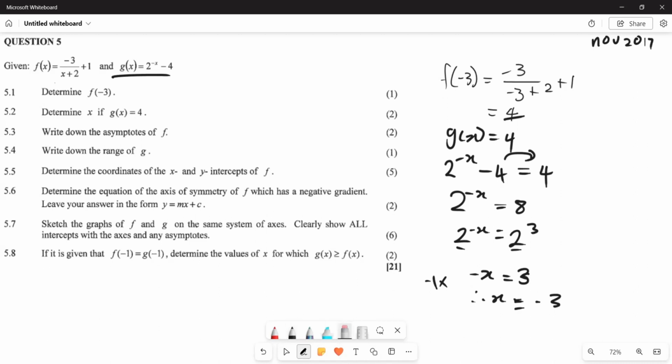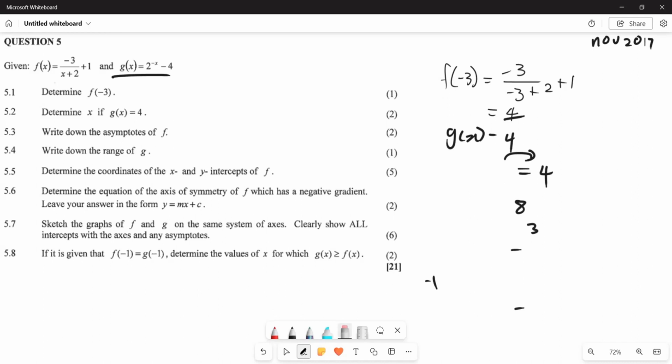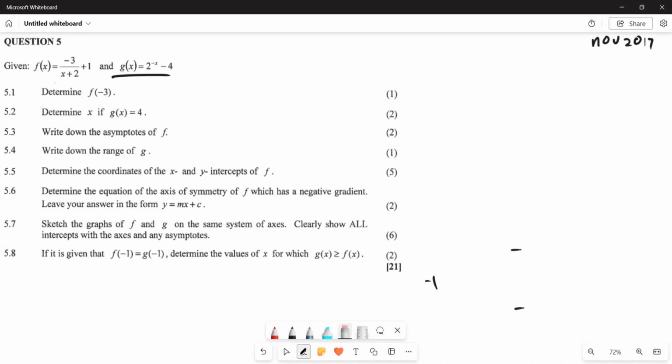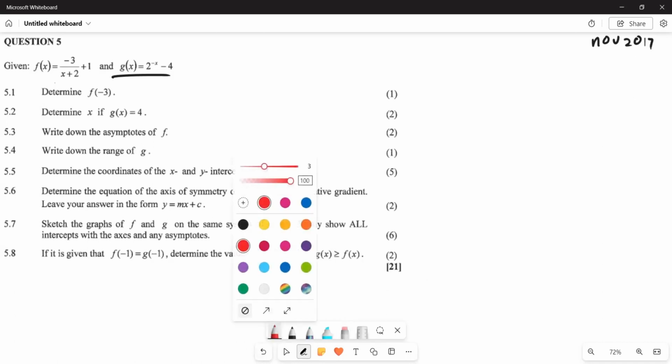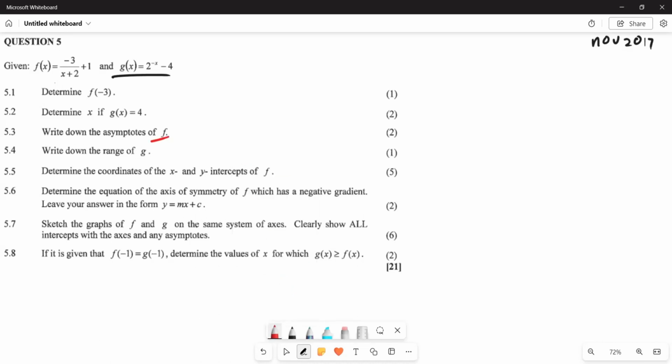Now let's move swiftly along and see what else we have in here. The next question wants us to write down the asymptote of f. Remember from here, this value represents your asymptote, and this value here also represents your asymptote.